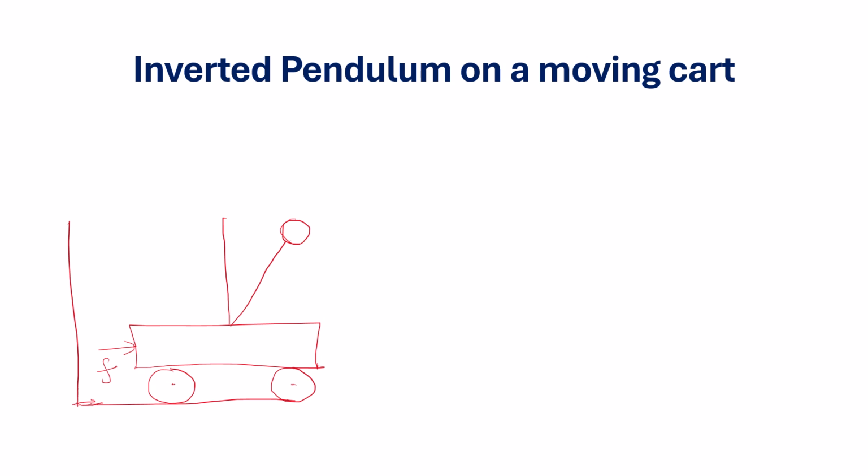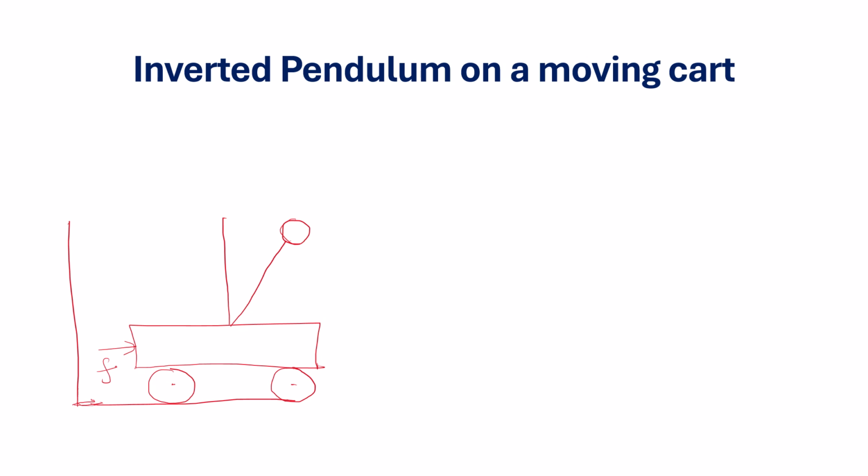Now let us derive the dynamics of the inverted pendulum on a moving cart. The inverted pendulum has been a great platform for engineers to develop different types of applications, including Segways or the self-balancing scooter, walking robots, etc. Let us consider the inverted pendulum model here.